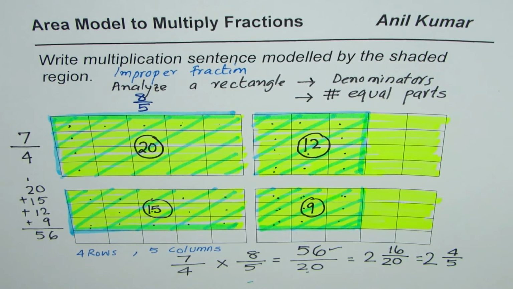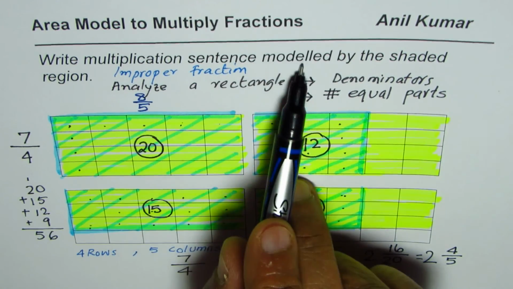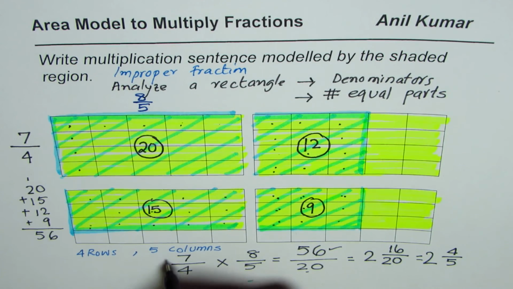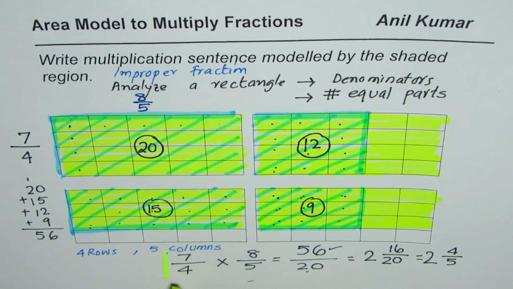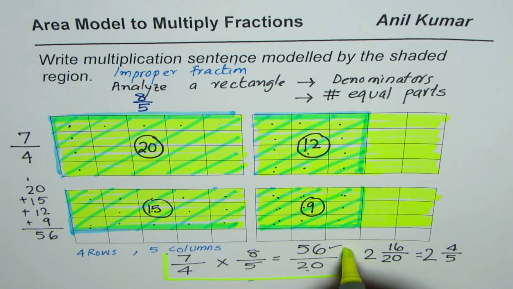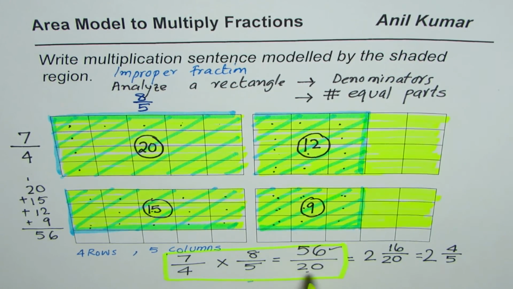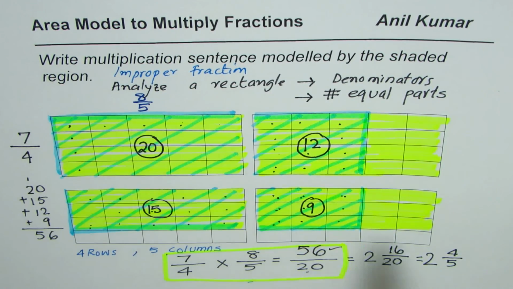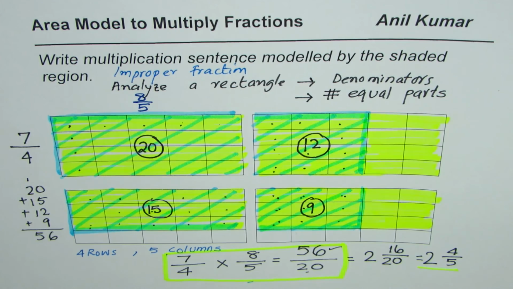Well, the question here was to write the multiplication sentence modeled by the shaded region. So the sentence which we wrote is good enough for the time being, correct? But in case the question is extended to find the area in lowest terms, then that would be your answer.